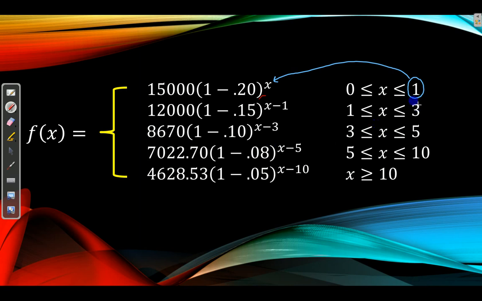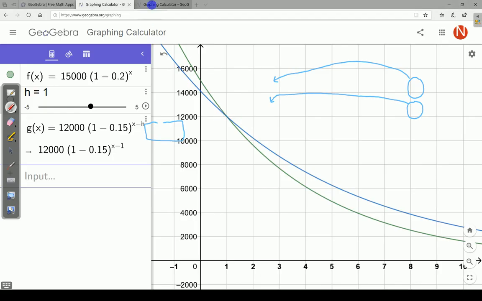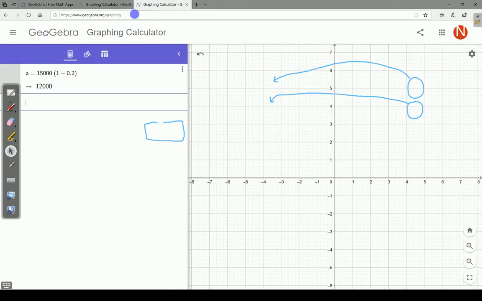Well, I take the ending value of the previous equation and we plug it in, and that is going to give me my new beginning value for the next one. So I'm going to take 3 and plug it into this second equation. The ending of the second equation is the beginning of the third equation. I'm going to do that one more time for you so you can see where those numbers come from.